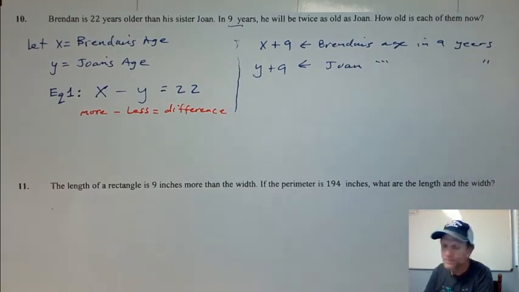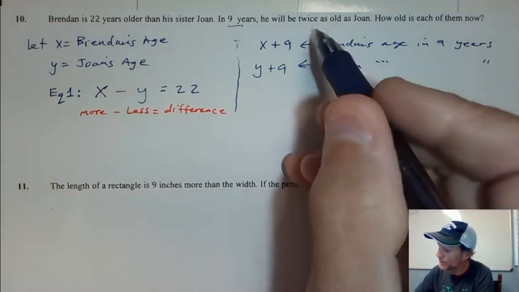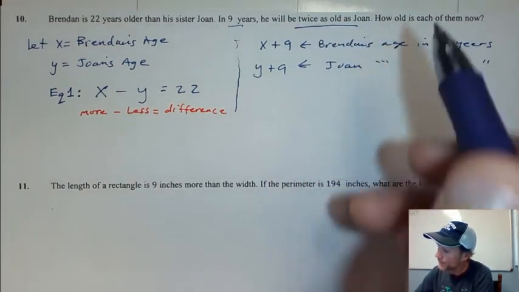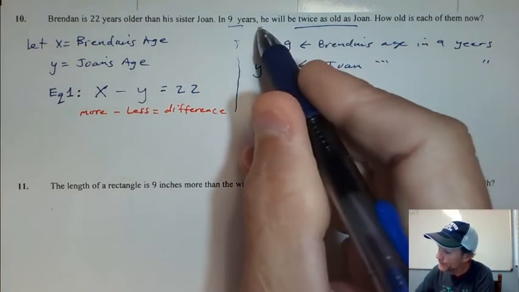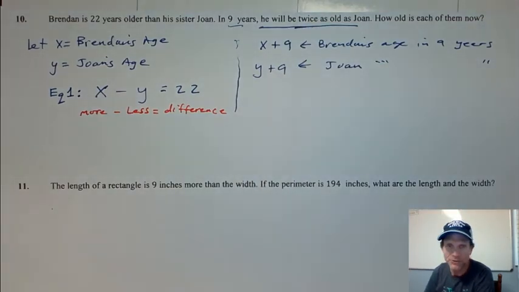Well, what do we know about the relationship in 9 years? We read into the problem and it says he will be twice as old as Joan.